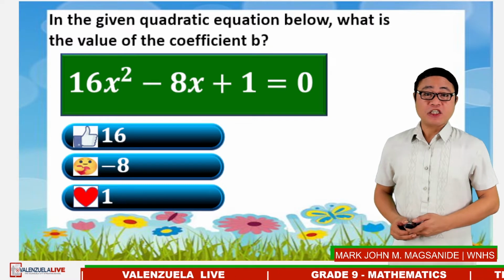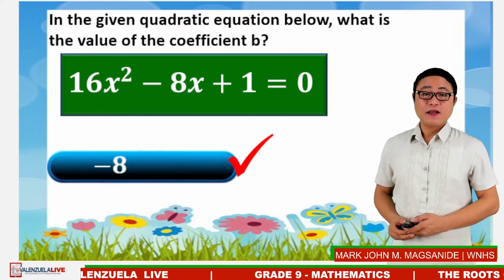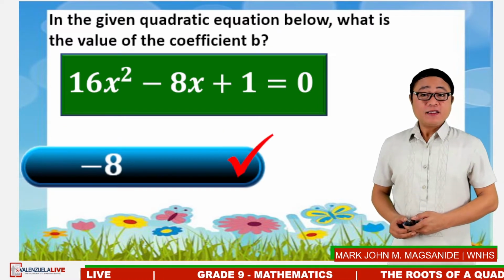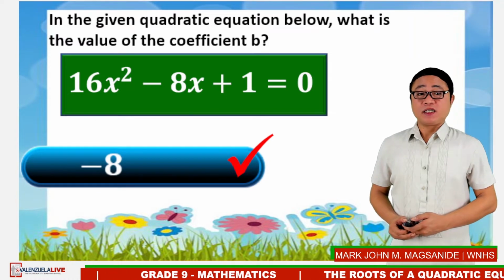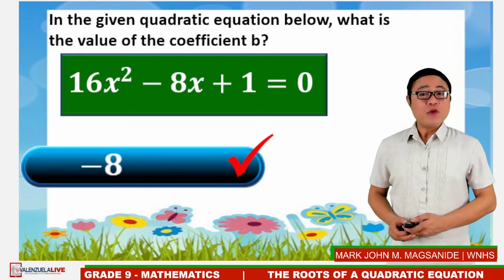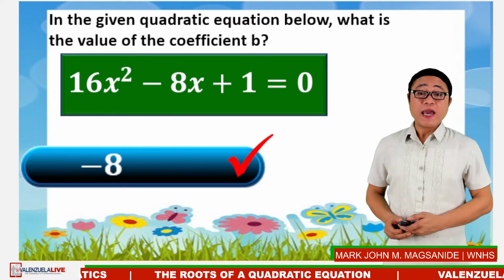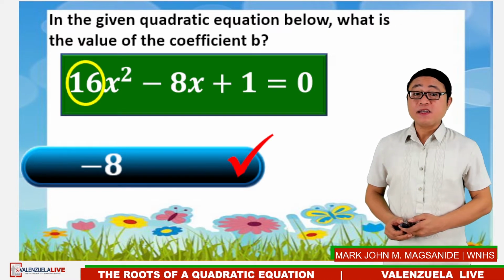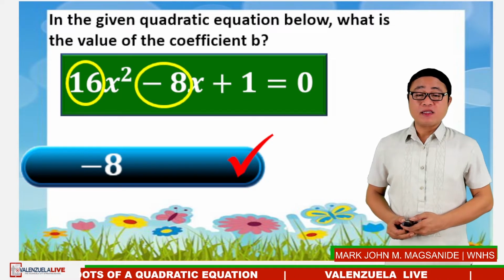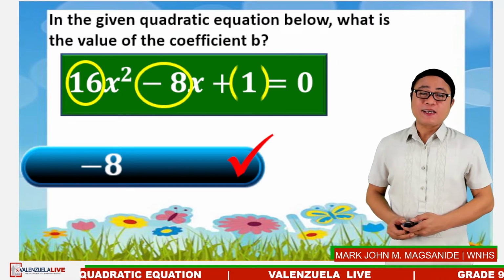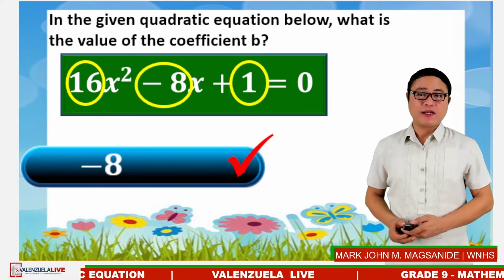The correct reaction is care. Since the given quadratic equation is in standard form, then we can identify the coefficients of a, b, and c. A is 16, b is negative 8, and c is positive 1.